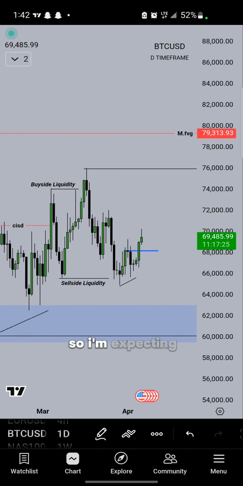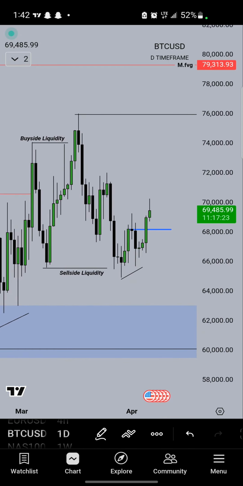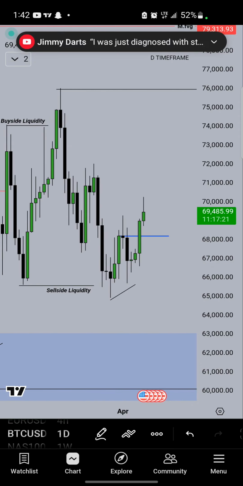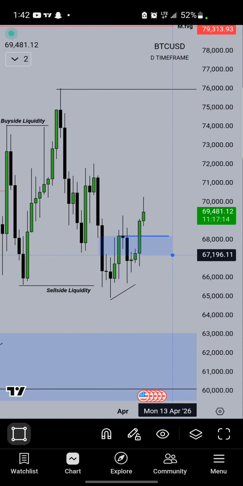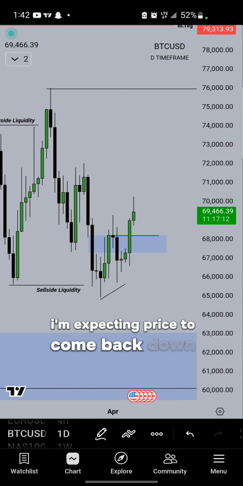So I'm expecting price to come back down to mitigate that area.